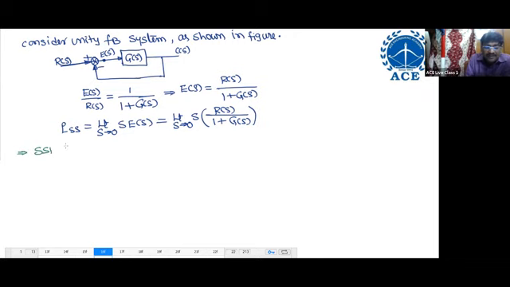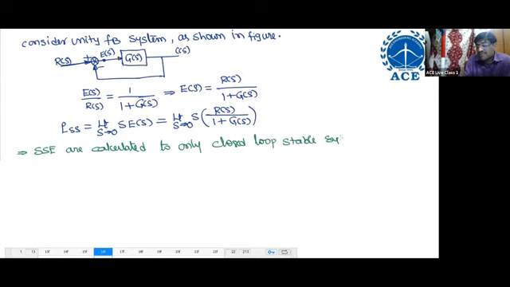Steady state errors are calculated only for closed loop stable systems. We don't calculate steady state errors for open loop systems.